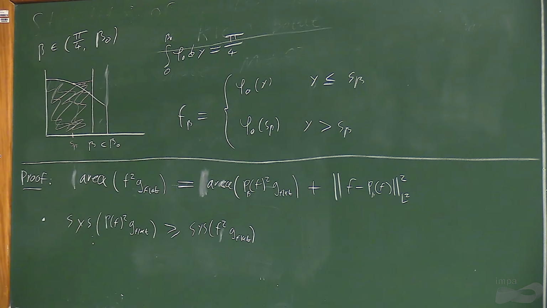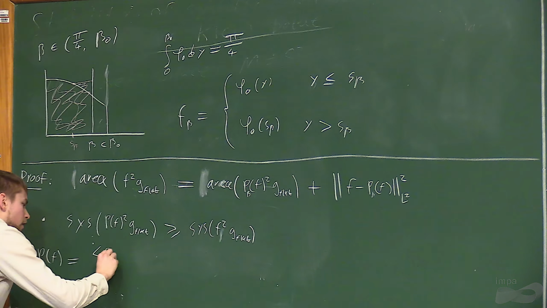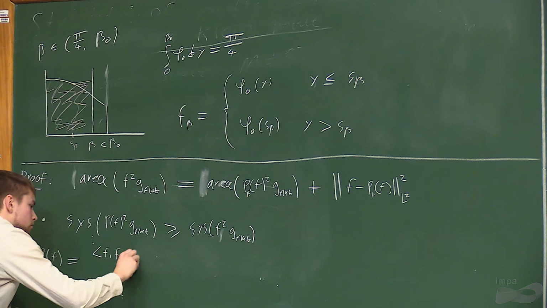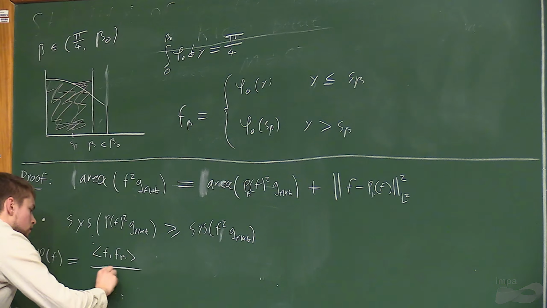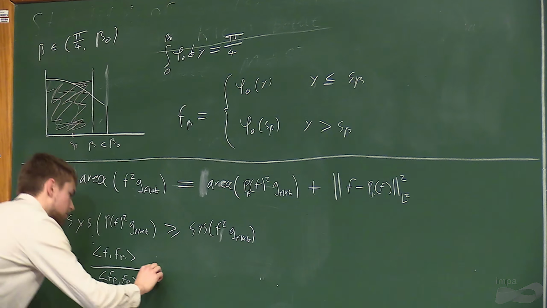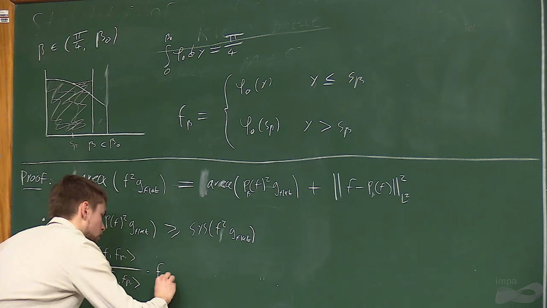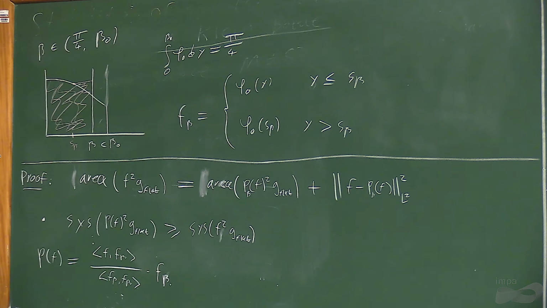And basically what we do for that is we look at the formula of this projection. So f is equal to the scalar product of f with f beta normalized, and then times the function f beta.